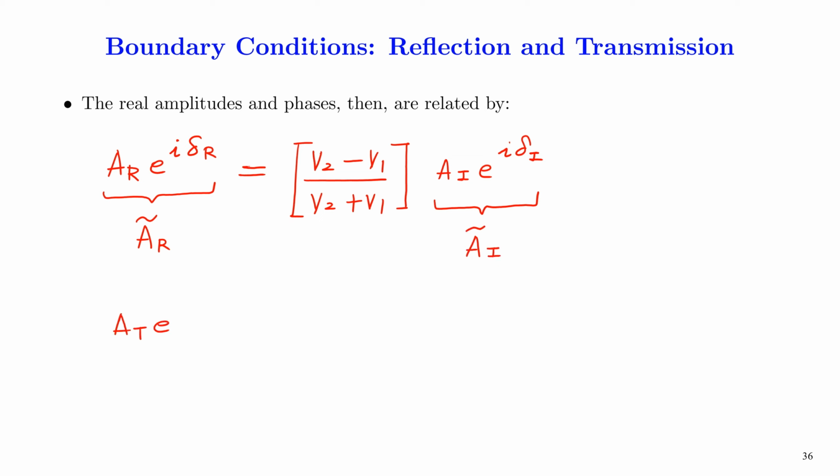Similarly, AT e raised to i delta T is equal to 2 times v2 over (v2 plus v1) multiplied by AI e raised to i delta I.